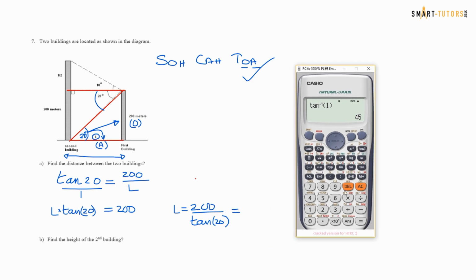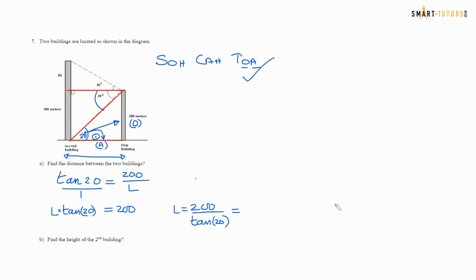L equals fraction 200 divided by tan 20, which gives 549.5. They didn't ask for any condition like 3 significant figures or one decimal place.